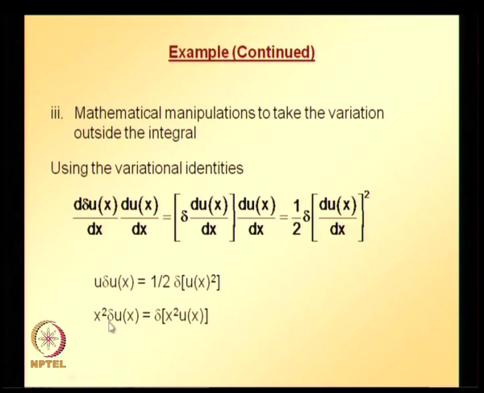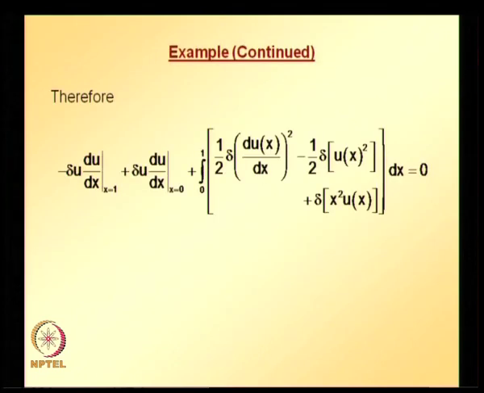Also in x square times variation of u, x acts like a constant, it is not a function of any of the coefficients. So x square times variation of u can be written as variation of x square u. Using these variational identities, the equation that you have earlier can be rewritten in this manner.